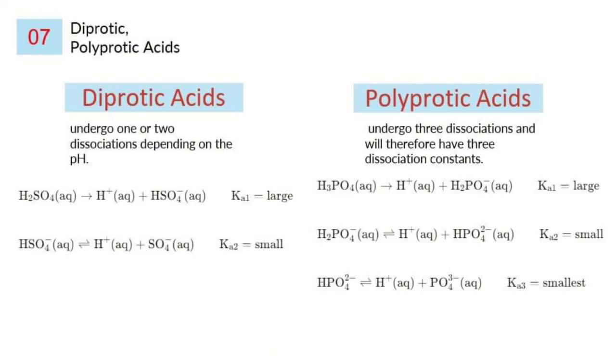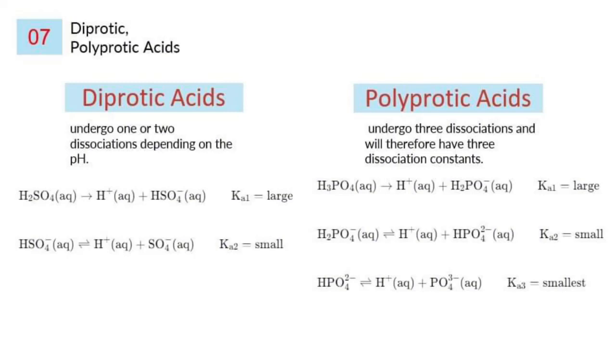For sulfuric acid, the first Ka is large because the first dissociation step occurs almost completely in solution, producing a high concentration of hydrogen ions, while the second dissociation constant is smaller because the second dissociation step is less favorable. Even though some hydrogen sulfate ions dissociate to form hydrogen ions and sulfate ions, the extent of the dissociation is much lower compared to the first step.